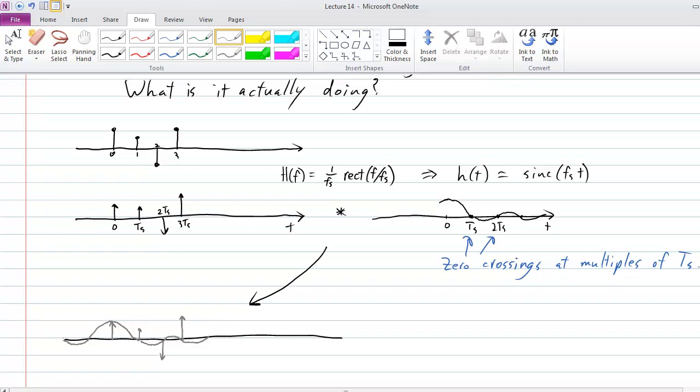So we're going to have a sum of these separate signals here. Okay, and the last one here. Okay, so we see a couple of things to notice.